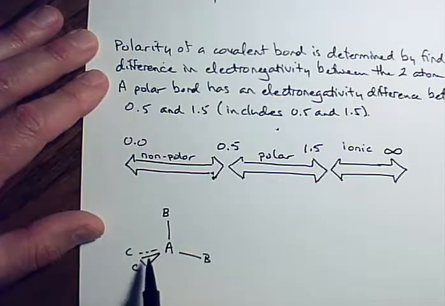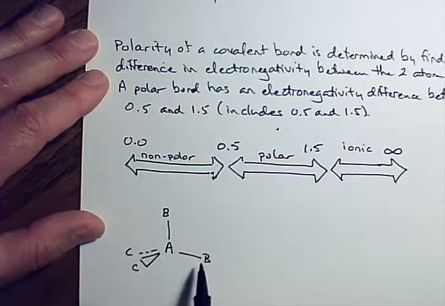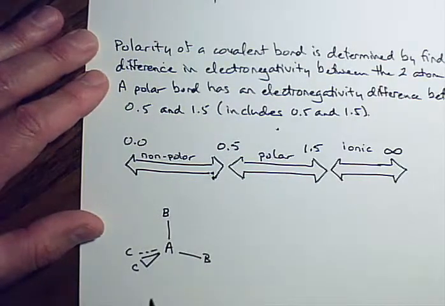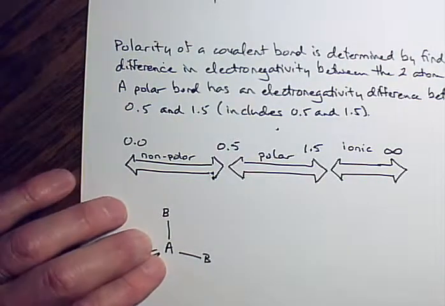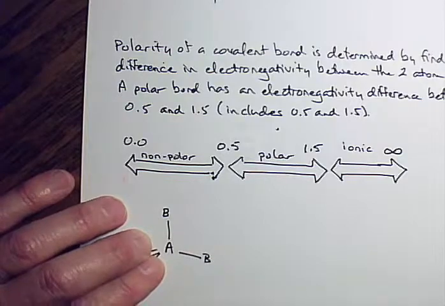If I have some nonpolar bonds over here, then these are going to take over. It's still a polar molecule, even though it's an evenly distributed set of bonds, because only the polar bonds are unevenly distributed. That makes sense?